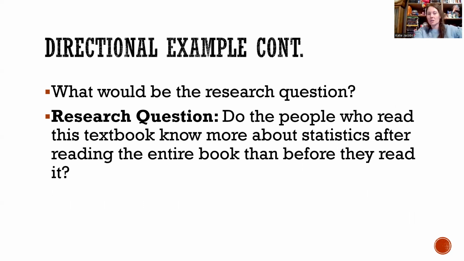We're putting a direction on what we're trying to do here. So when we write our research hypotheses in symbols and words, we're going to use a direction. And it's a little bit more difficult to write our research hypotheses directionally, just because it can be a little bit confusing. But once we get a little bit more practice, like I said, we're going to be doing these steps over and over and over again. Then it'll become just automatic for us.